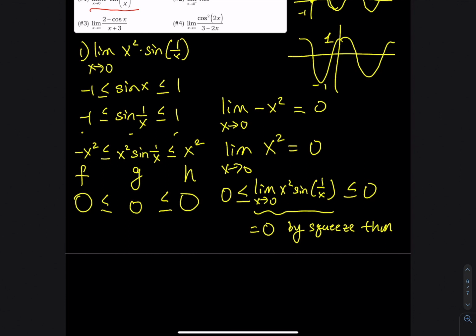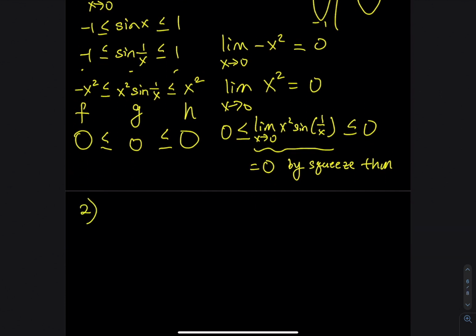Okay, let's do number 2. So number 2, we have the limit as x approaches 0 from the right of the square root of x times e to the sine of pi divided by x.